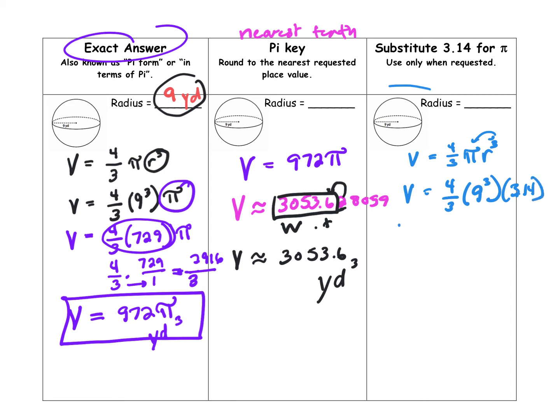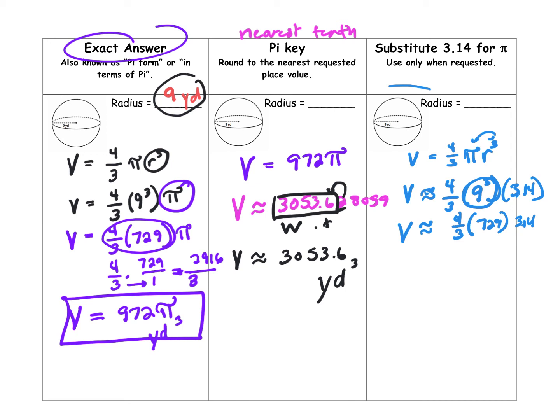I'm going to still encourage you, and by the way, I should have put approximately, I'm still going to encourage you to work with the exponent first. Actually, order of operations would tell us we need to do that first. And I'm still going to encourage you to save the 3.14 for last.